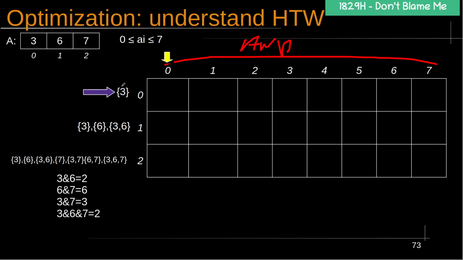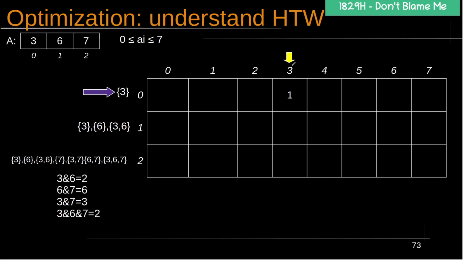For example, for the subsequence 3, is its bitwise AND result equal to 0? No. Is it equal to 1? No. Equal to 2? No. The bitwise AND result of 3 is equal to 3. So we have one subsequence here, which is 3.